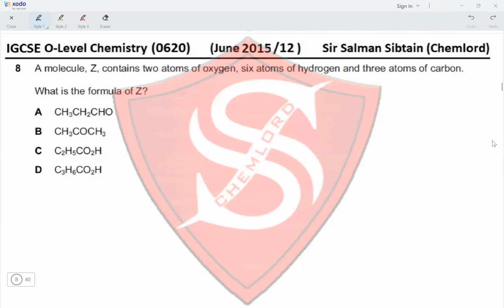Question 8. A molecule Z contains 2 atoms of oxygen, 6 atoms of hydrogen, and 3 atoms of carbon. So its molecular formula is C3H6O2. What is the formula of Z? So for A, it would be C3H6O. This is incorrect.